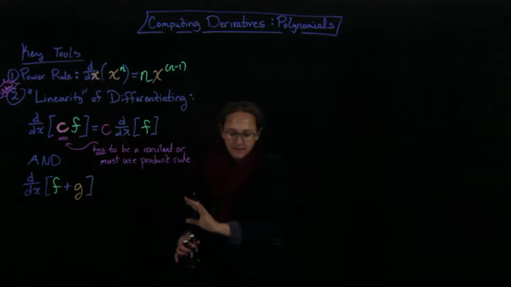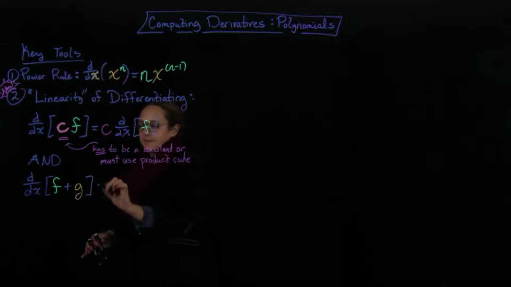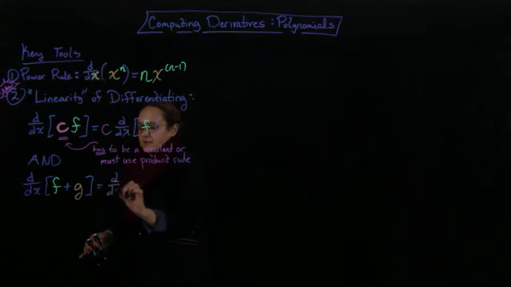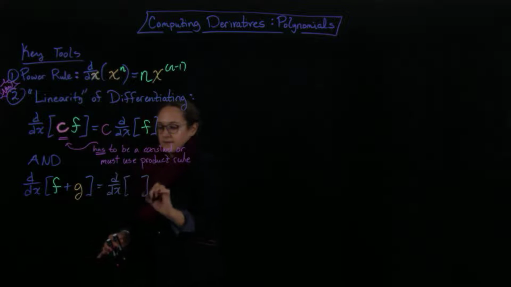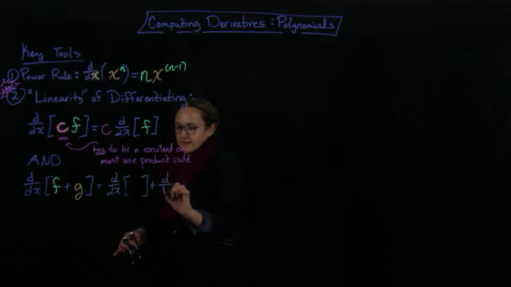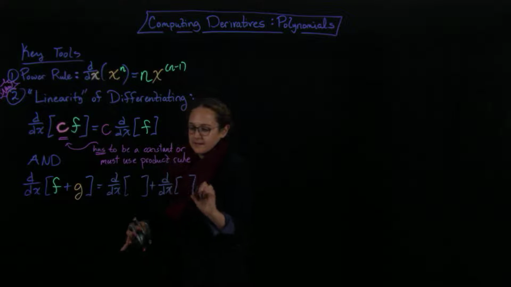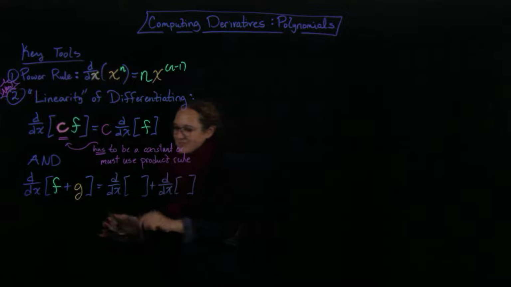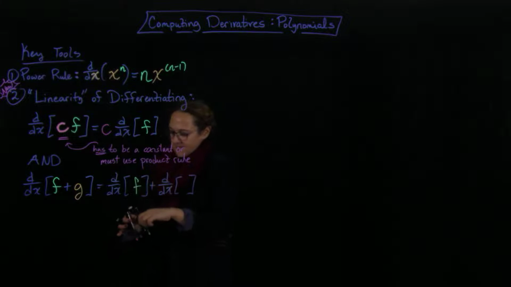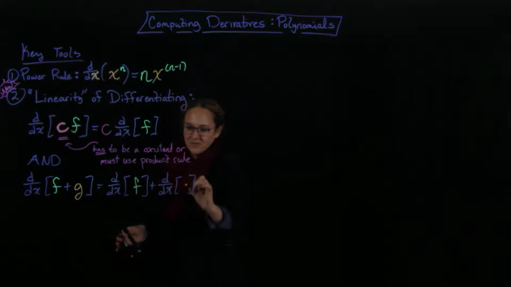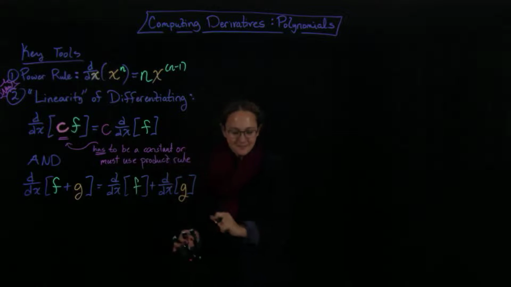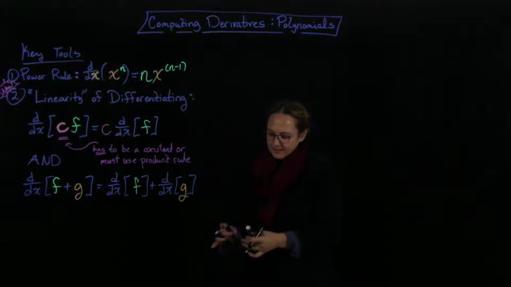When I do this, I really can just do these one at a time. I can take the derivative with respect to x of f and then add that to the derivative with respect to x of g.